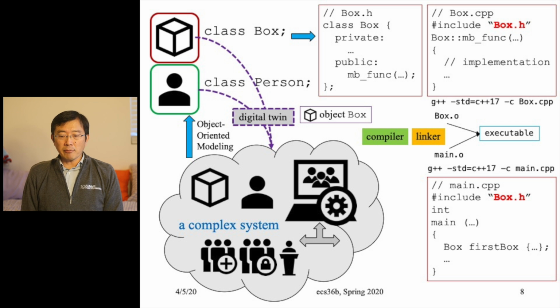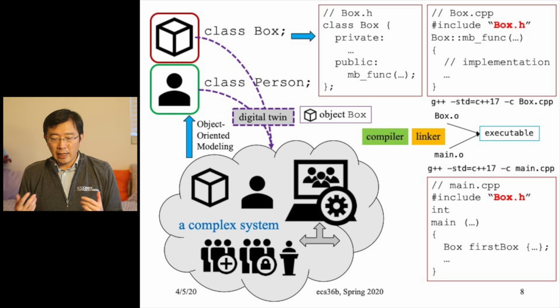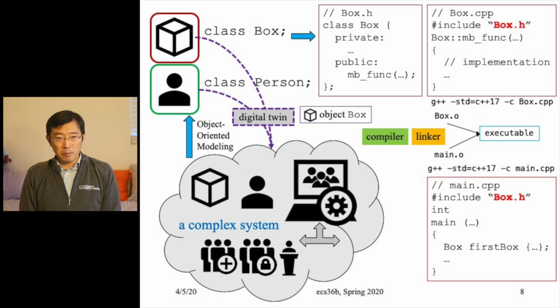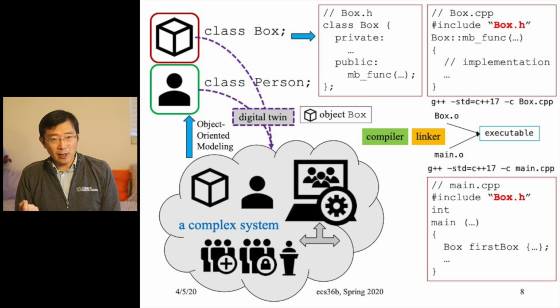You see that there is something called the linker. And the linker program is going to link these two together, link the main.o and box.o together. Then you have an executable program. This is because main.o provides the entrance of the executable, which is the main function, while the box.o provides the implementation of the box.